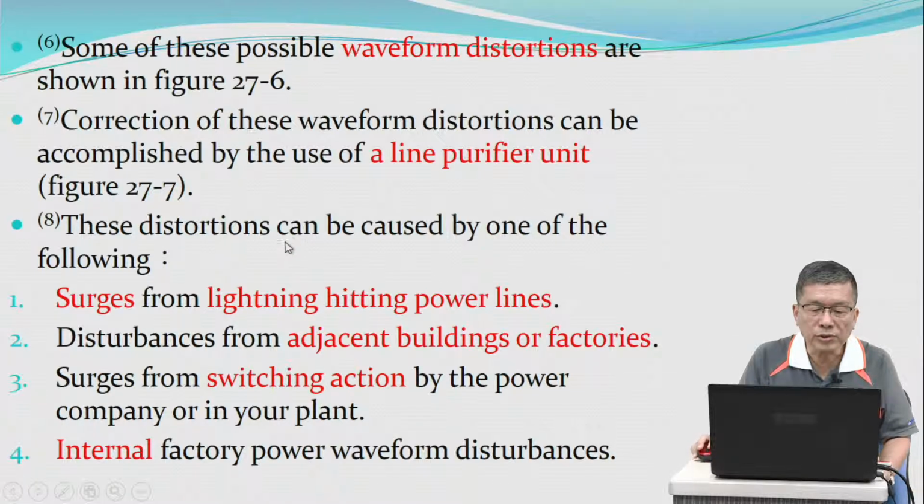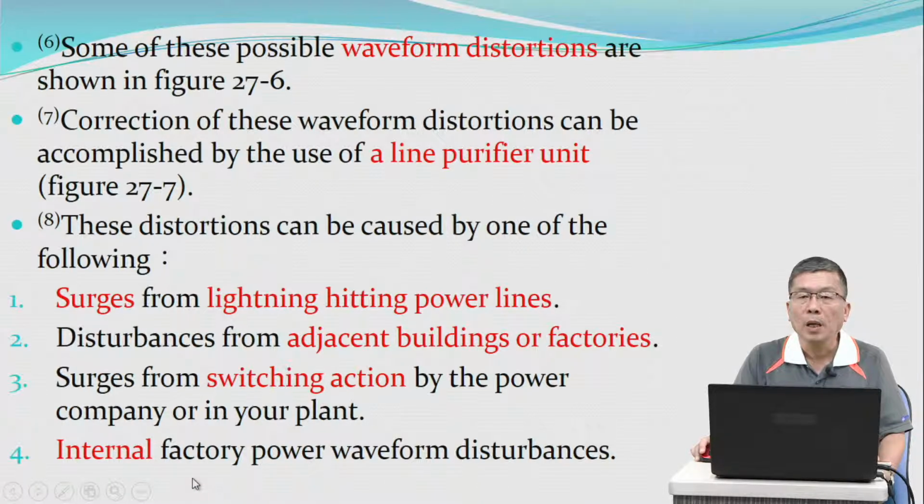These distortions can be caused by one of the following: surges from lightning hitting power lines, disturbance from adjacent buildings or factories, surge from switching action by the power company or in your plant, internal factory-powered waveform disturbance.